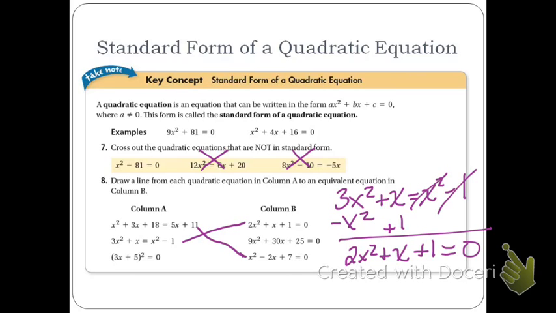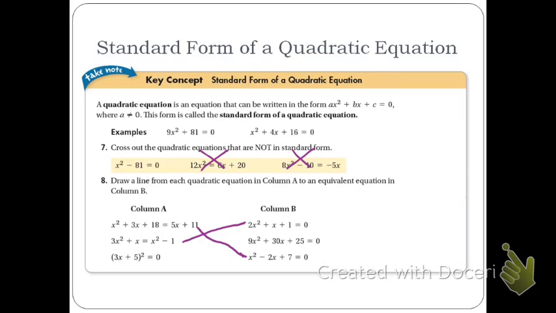Now it's pretty obvious the one that's left over should equal that one, but let's just prove it. You have (3x plus 5) squared is equal to 0. Now you can work one way or the other. You could have taken the standard form that they have that you're trying to match and try to factor it to get column A, or we can take column A and multiply it out.